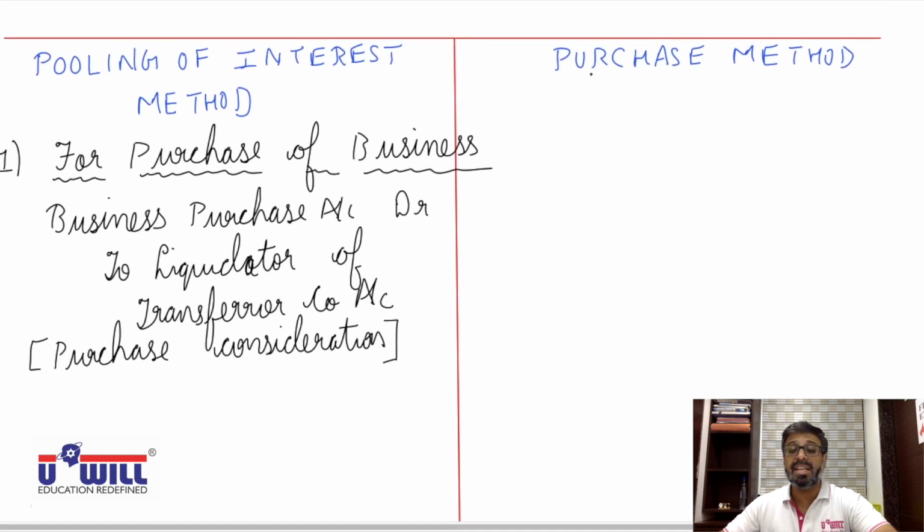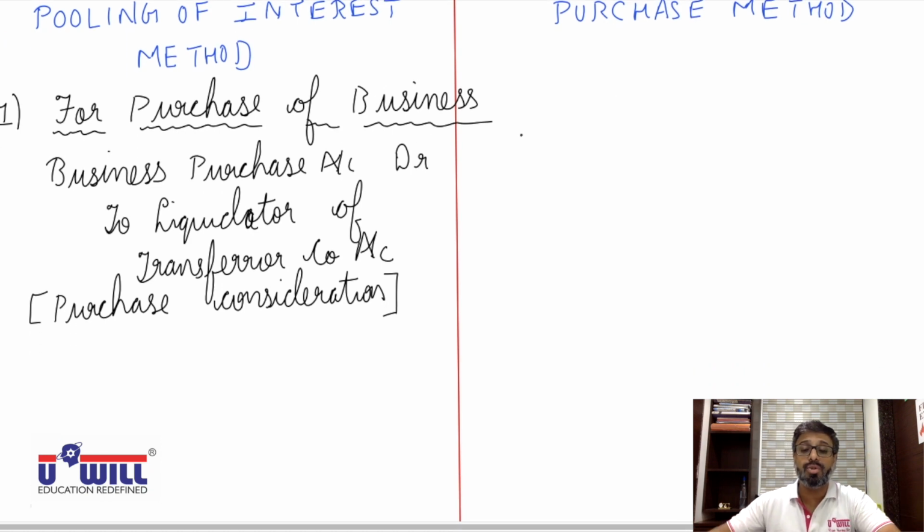Now, even if it is the purchase method of accounting, the entry will remain the same. The first entry in both the methods remains the same. So you can rewrite this entry. Don't just write the word same. Write all the entries, so you will remember it in this manner.